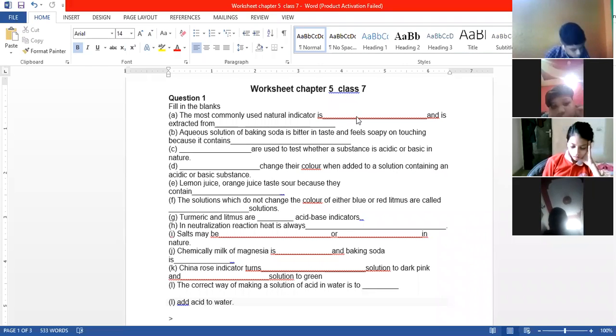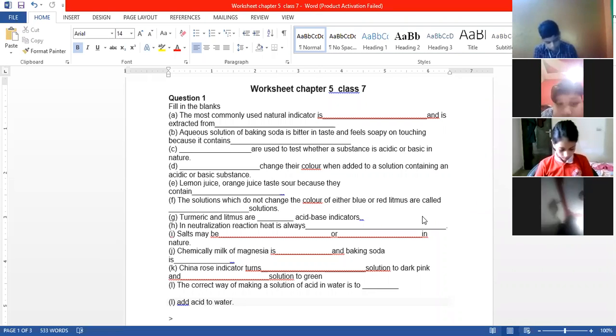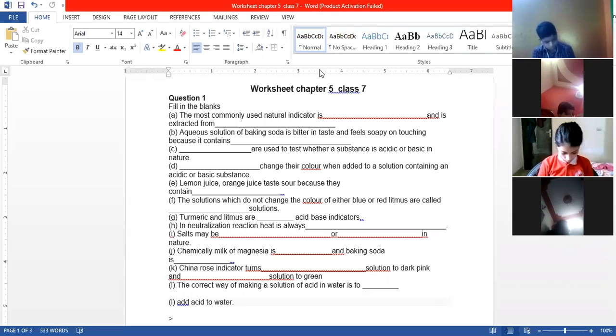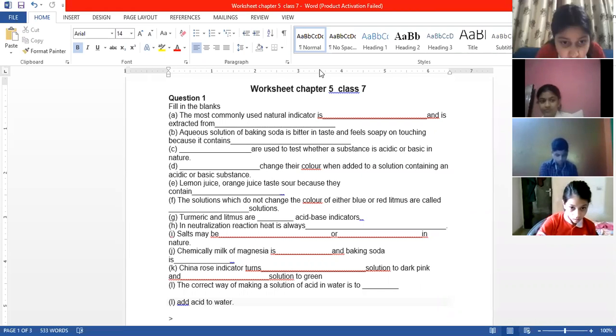Next, K part. China rose indicator turns dash solution to dark pink and dash solution to green. Ayan Malik, kindly give the answer.